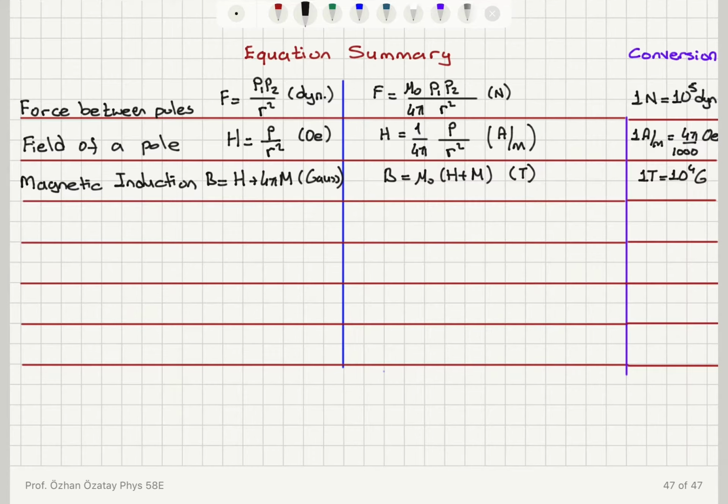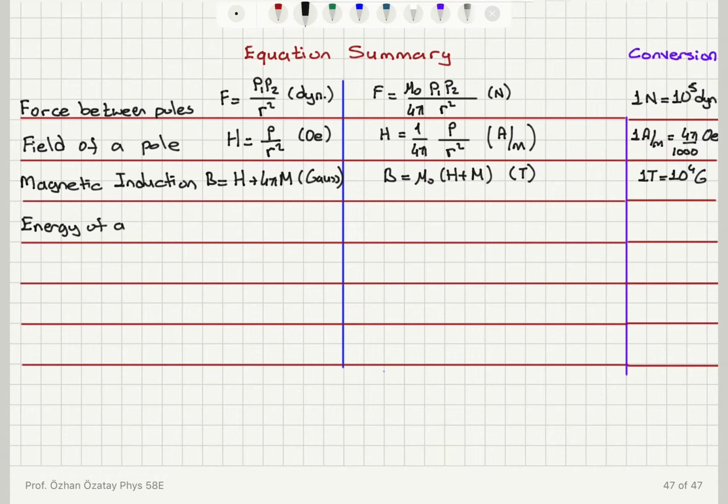And in CGS units, we have H in Oersted, capital M magnetization is in EMU per centimeter cube, and B is in Gauss. Okay.